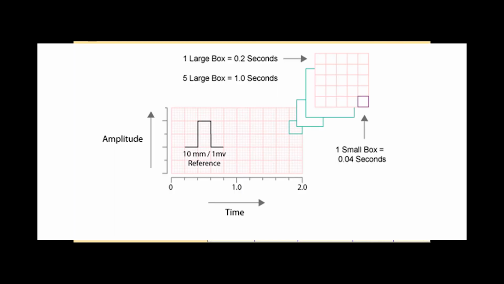The small boxes on the EKG strip, 5 small boxes make up one big box. And so the big box is 0.20. So each small box inside is point what? No, if the big box is 0.20, each small, and it has how many boxes?